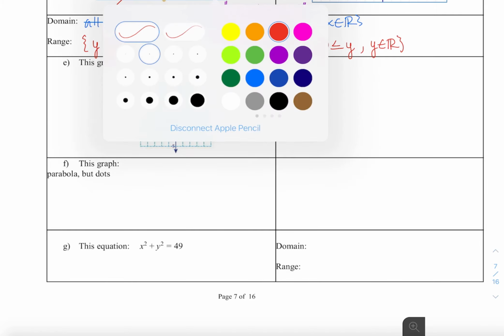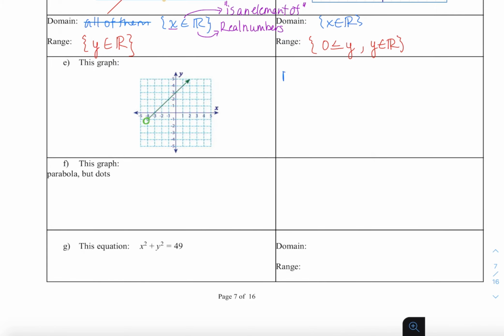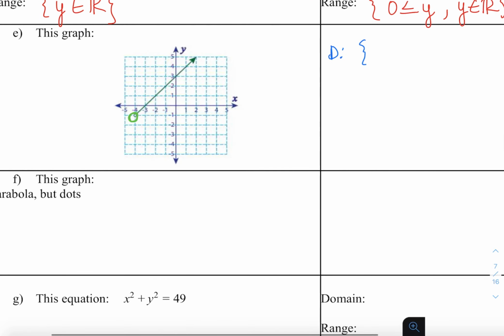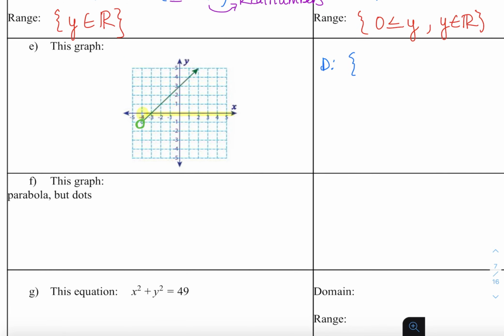So in this case, I can see that my domain starts at -4, but it doesn't include -4, so it's an open circle at -4, but it includes all the numbers up to positive infinity. That's denoted by this arrow going out of the field of view.